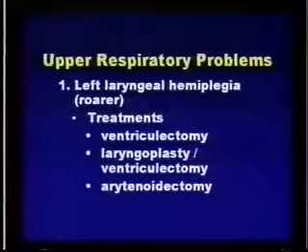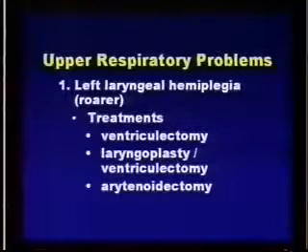Many of these horses are going to only be suitable for non-competitive work. The arytenoidectomy basically involves taking out a large portion of the affected arytenoid cartilage, and this has the effect of increasing the lumen of the airway.